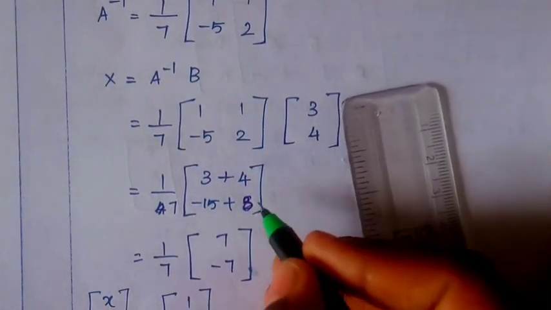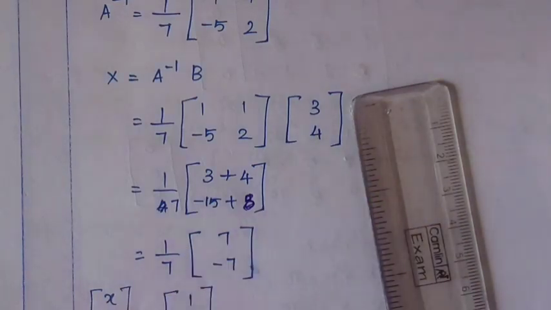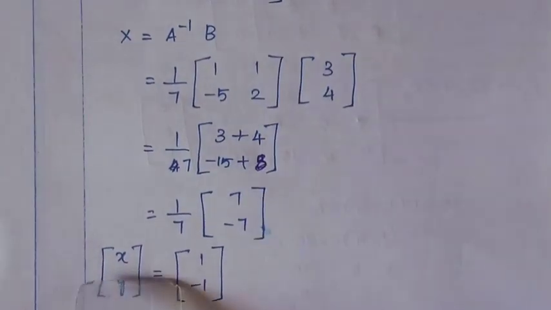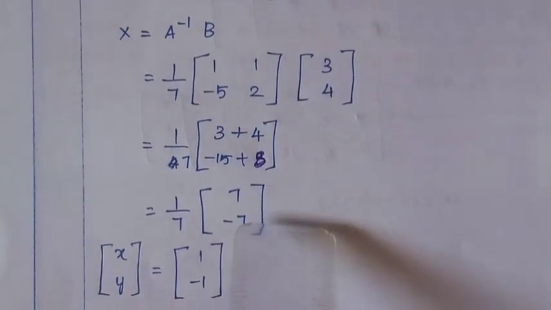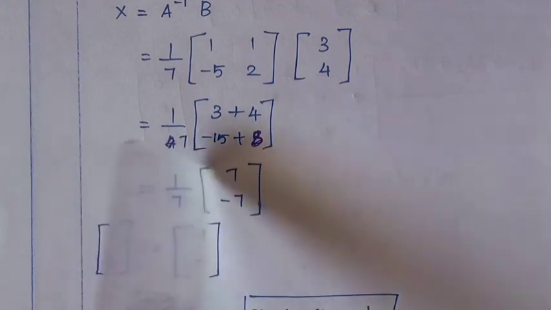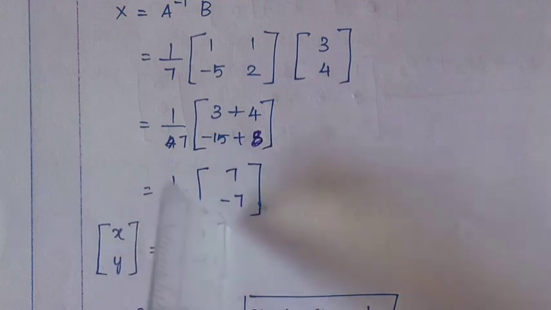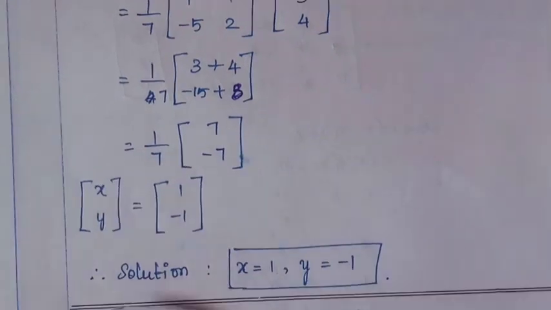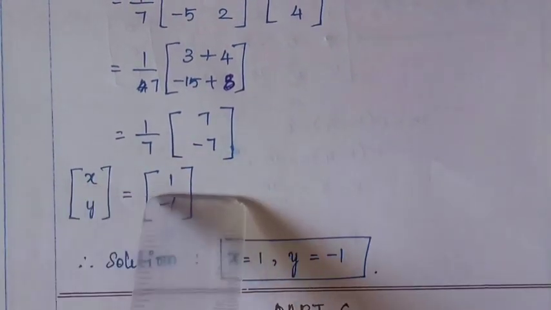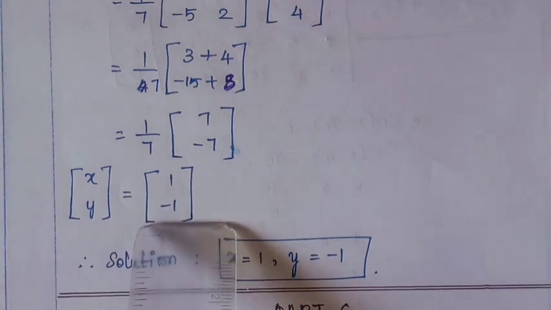Then taking 7 out and cancelling it, we get 1 and minus 1. So the solution is x equals 1, y equals minus 1.